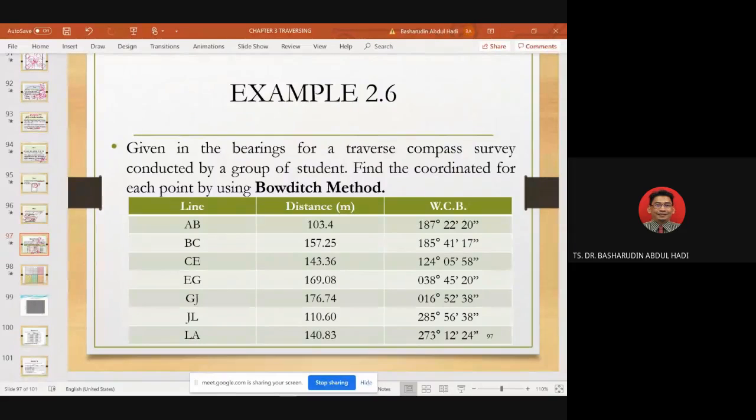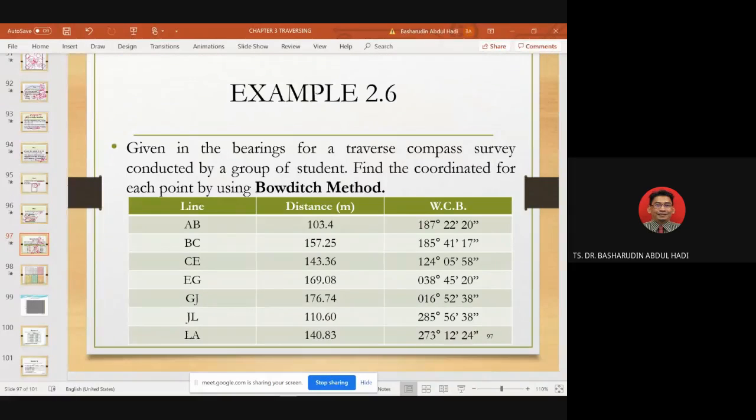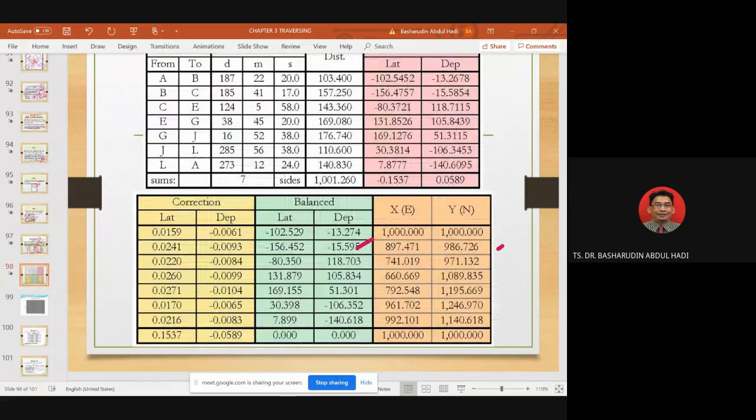Okay, right. That's good. So again, we are going to BC. I'm going to draw BC. So this is the distance, and this one is the whole circle bearing. So now what's next? What should we do after this?